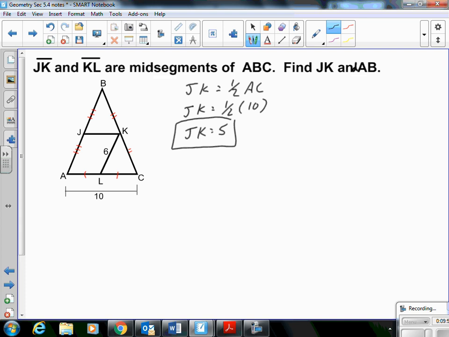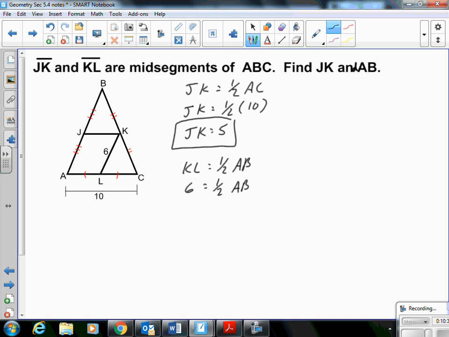All right, so then KL, being a mid-segment, should be parallel to BA and should be half as long as BA. And so we can set that up as saying that KL equals half of AB, which we don't know this time. We know what KL is, so we can plug in the 6 for KL.